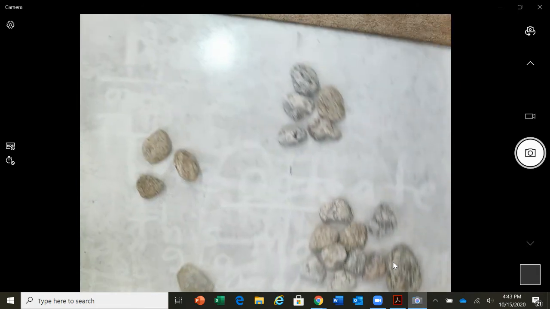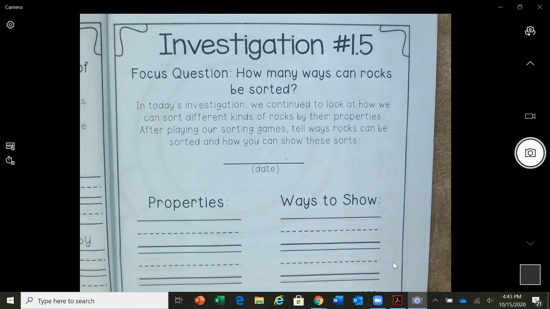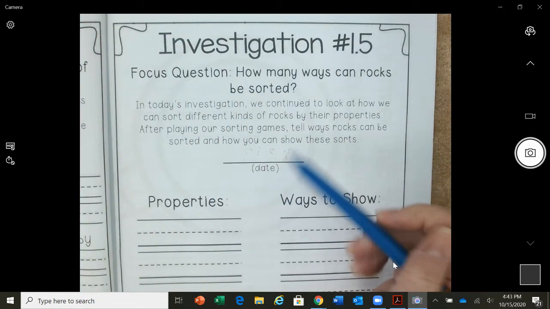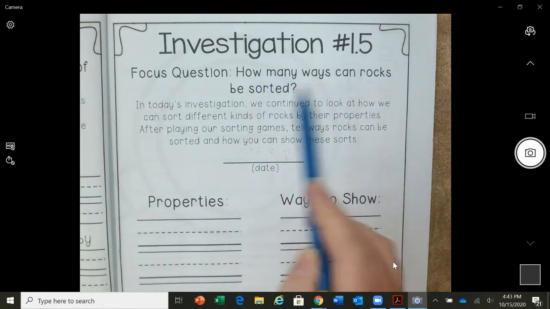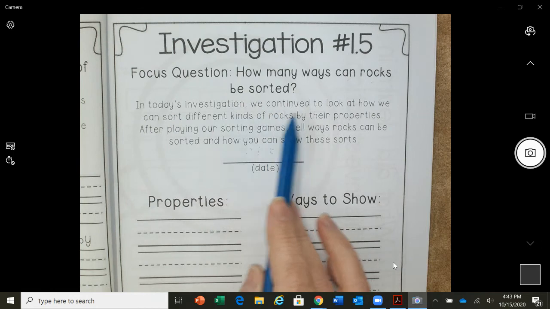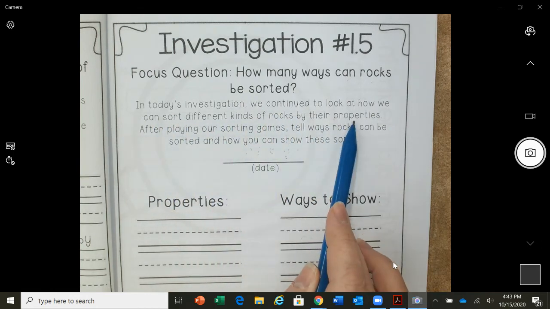So I'm going to get my notebook out and turn to this page that says 1.5, investigation 1.5, focus question. How many ways can rocks be sorted? In today's investigation, we continue to look at how we can sort different kinds of rocks by their properties. Remember, we talked about properties.